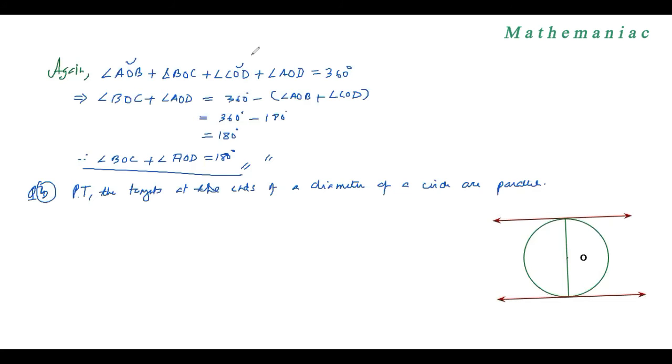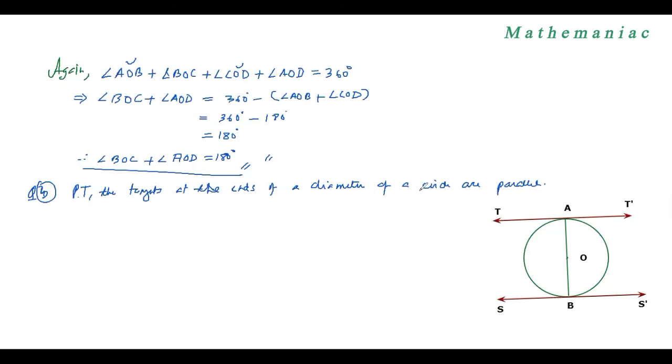So let me give the name to the tangents with its point of contact. Say this is T, then this point is T dash, and point of contact, let me give it as A, and then the other tangent is S, and then this is S dash, and point of contact B. So we have named it.